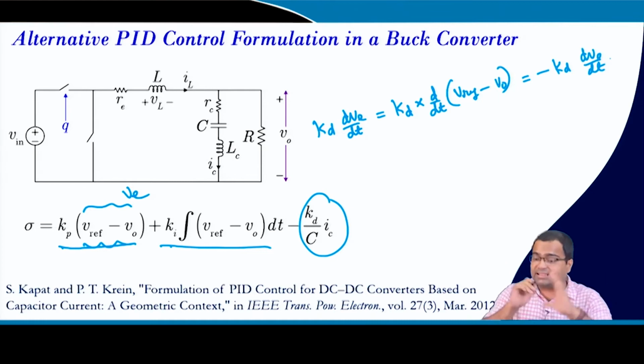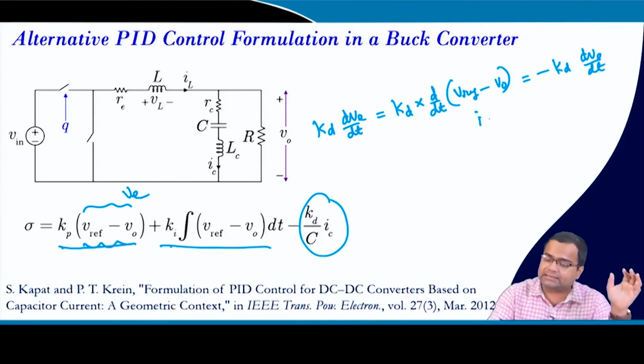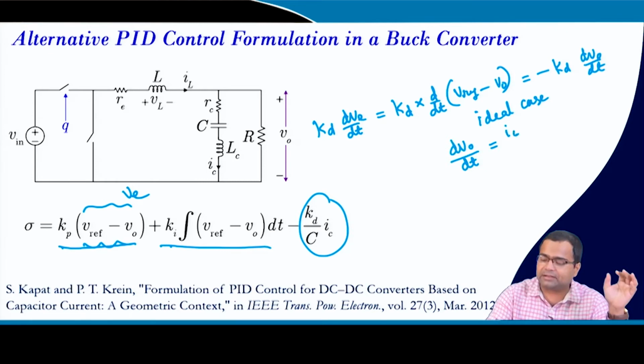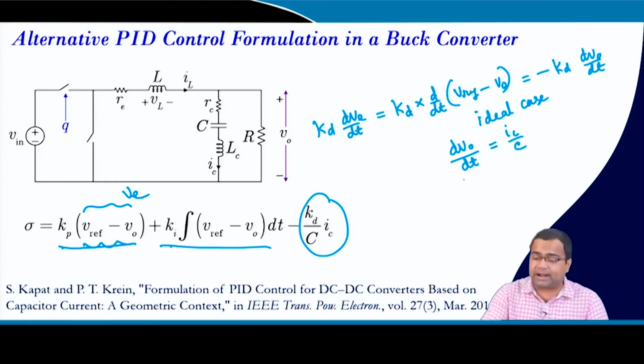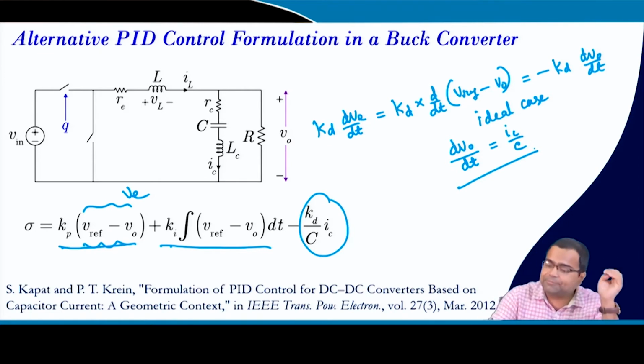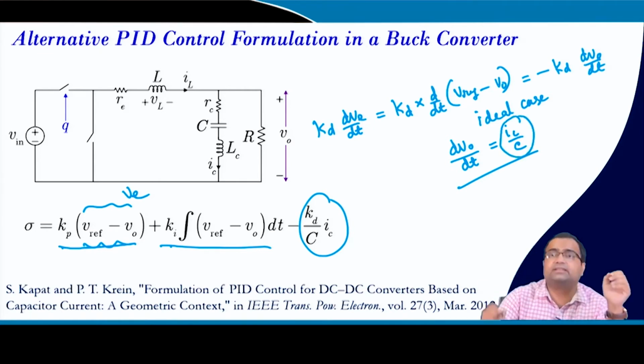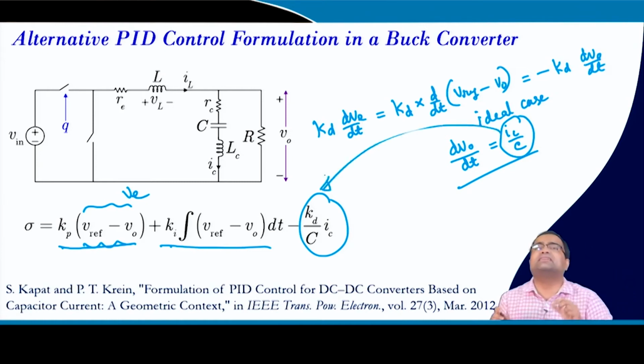And if there is no ESR, in the ideal case, this dV0/dt is nothing but IC by C. But in the practical case, we have ESL effect and other effects. So, if we take the capacitor information rather than the direct derivative, it will give something like an ideal derivative action.